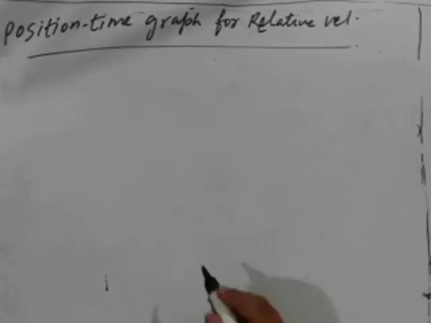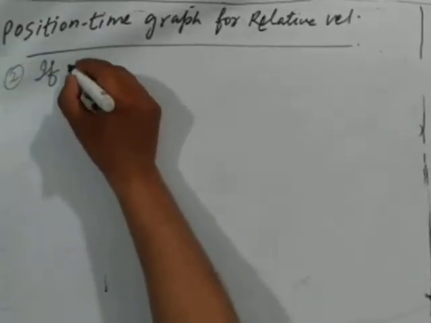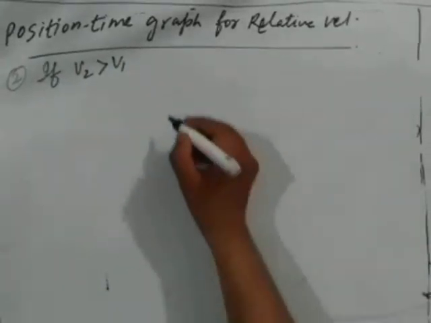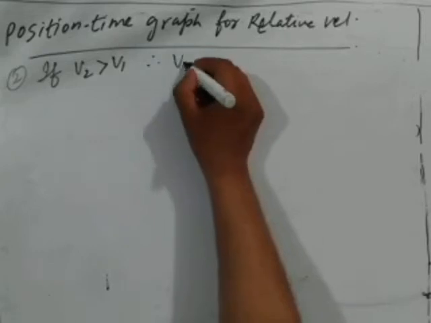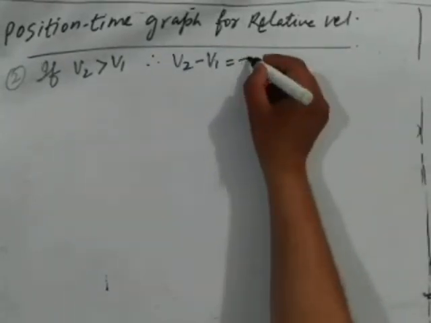Now in the second case, if v2 is greater than v1, then v2 minus v1 will be a positive quantity.